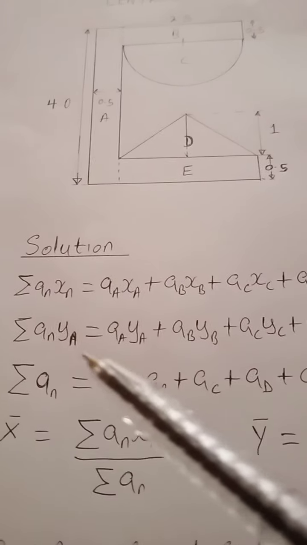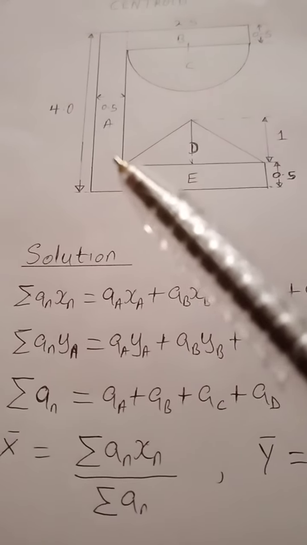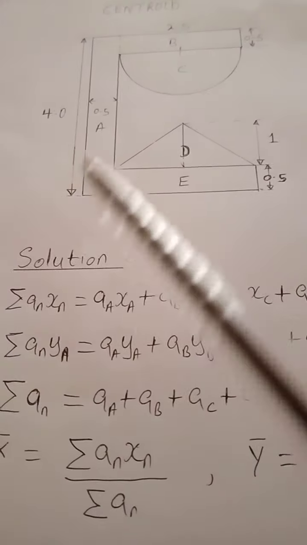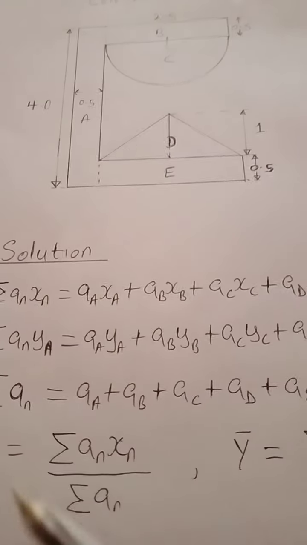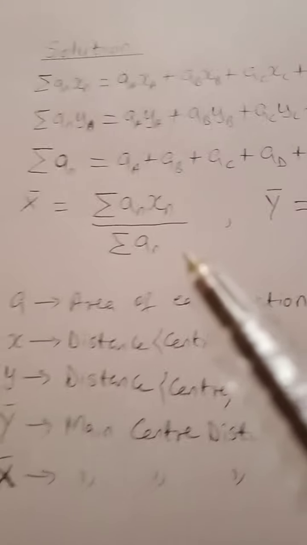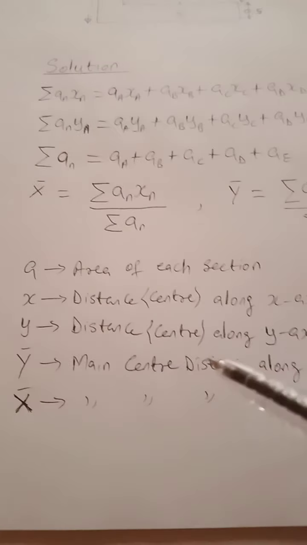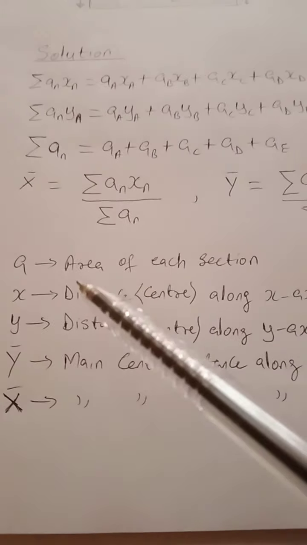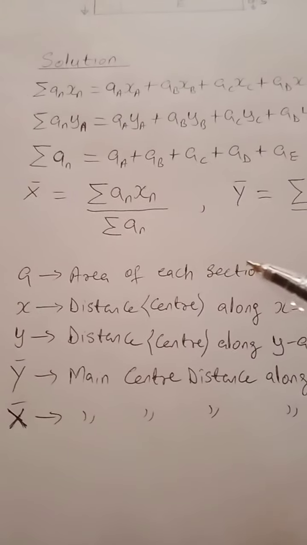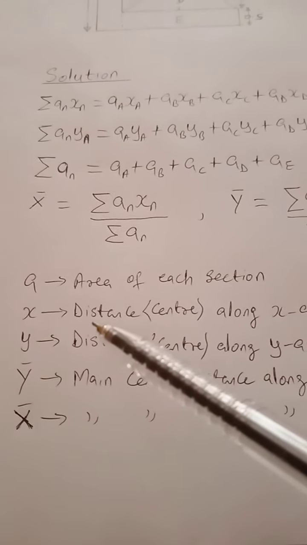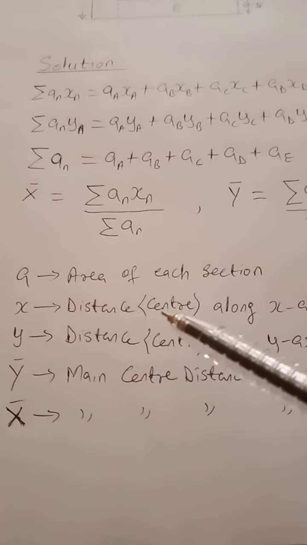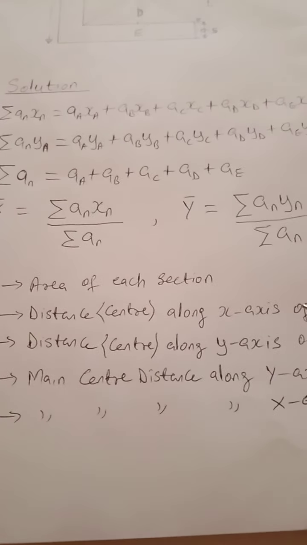The same thing we are doing for the x-axis, we are going to do for the y-axis. So without wasting time, let's go straight to the solution. Now, let me introduce you to what all these terms mean. A means the area of each section. Then x means the center distance along the x-axis of each section.